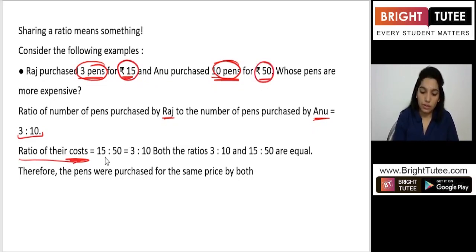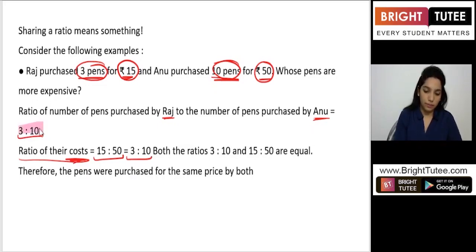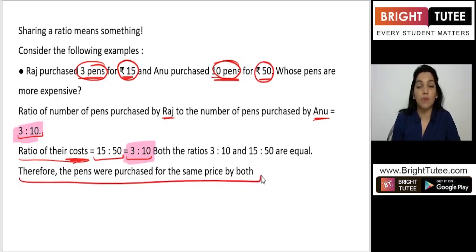So the ratio is 15:50, or in the simplest form 3:10. Now see, in both the cases we have got 3:10 and 3:10. As both the ratios are equal, therefore the pens were purchased at the same price.